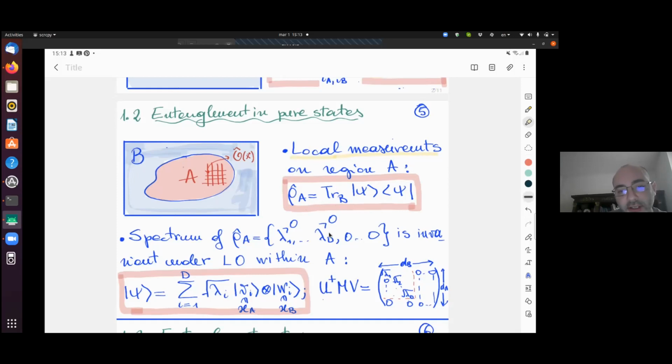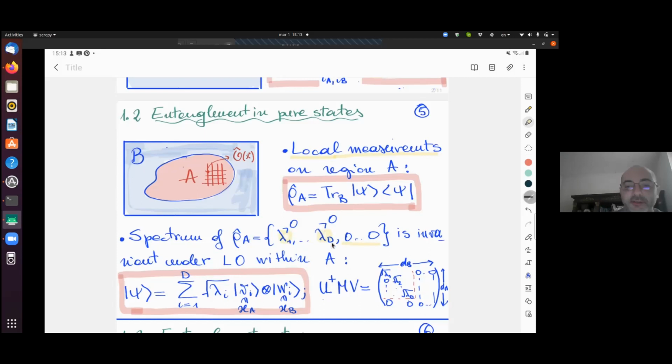And in fact, if you are able to diagonalize it, the spectrum of rho A will look something like that. So there is a bunch of eigenvalues which are positive, and these are lambda 1, lambda 2 up to lambda d, and then there are a lot of zero eigenvalues.